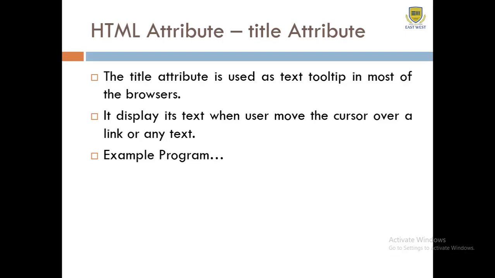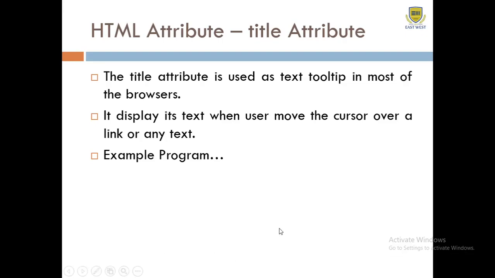It displays its text when the user moves the cursor over the link or any text. So you can use it with any text or a link to show the description about that particular link or text. Let us look at an example wherein we can experience the title attribute.